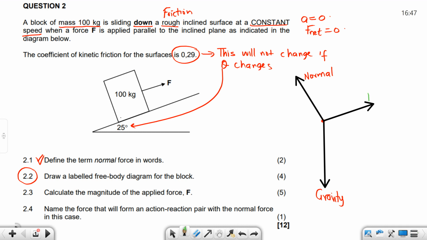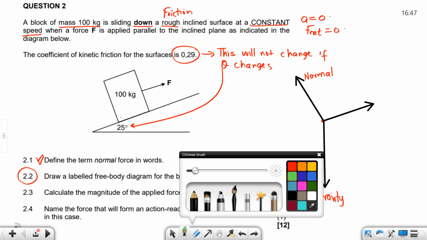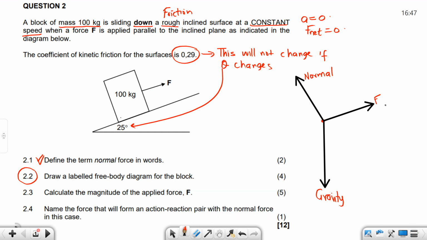But now, the examiner says there is friction. Where should my friction be acting? All right. The last person who sent me a message about this is Oratile, up the plane. Now, what about friction? Down the plane or up the plane?